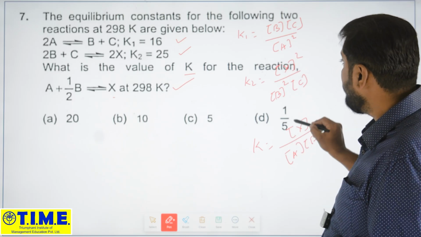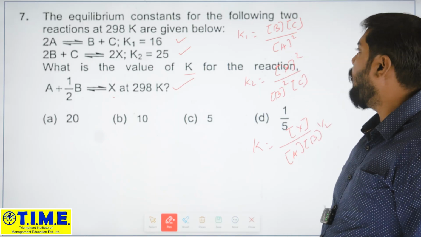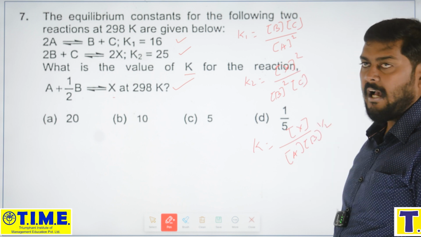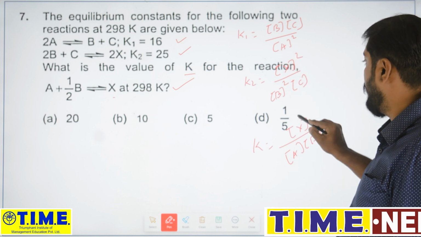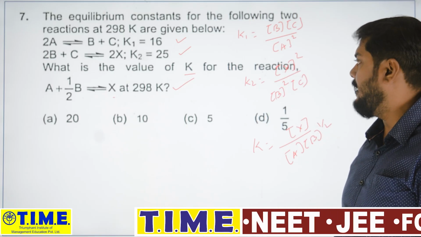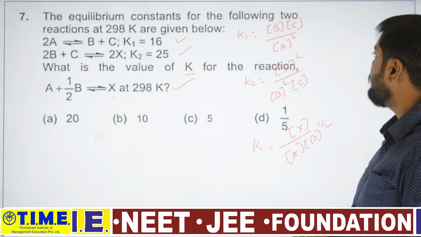Okay, so we have to bring this K from these two equations, right? So what can we do? See, here we have X, and here also you have X, but here it is squared, that is double the time. Also you have B squared here, and here you have root of B, and B is in the numerator. So by seeing this, what can we do?